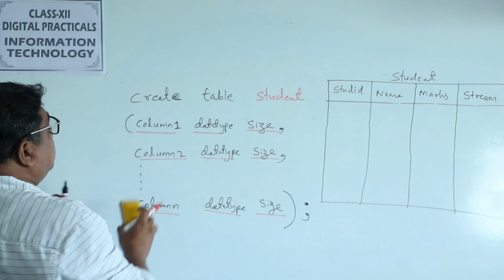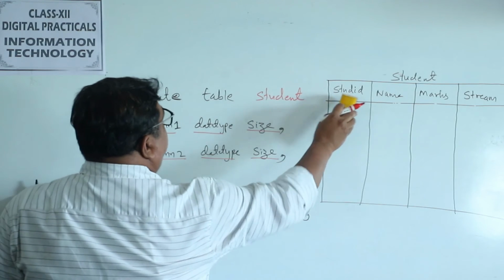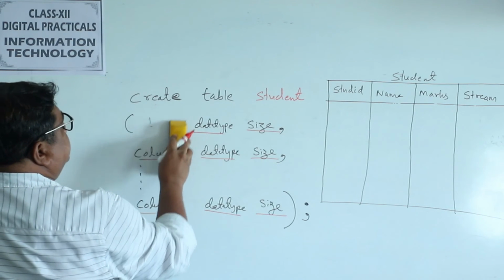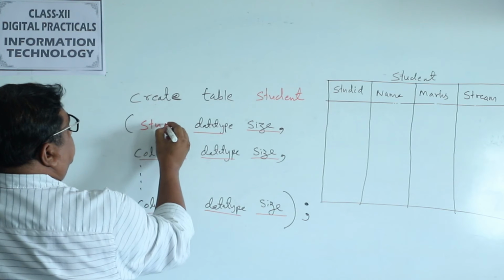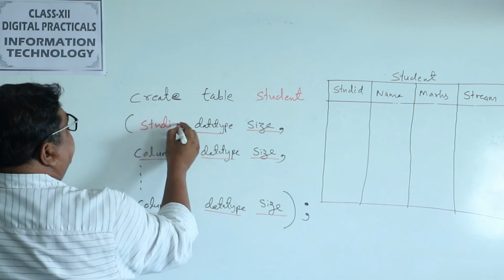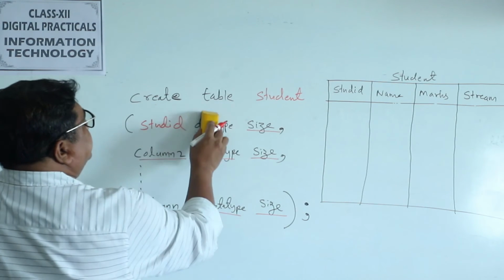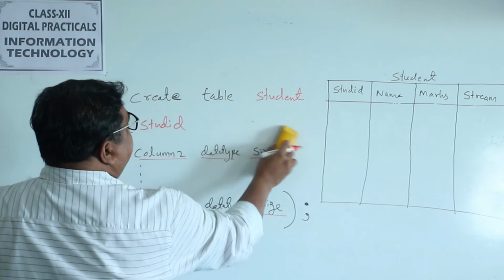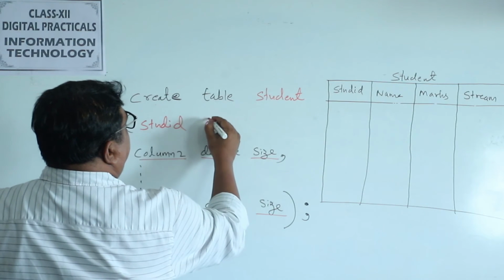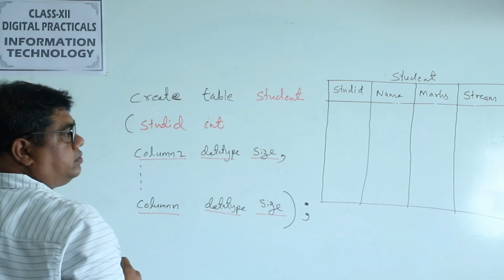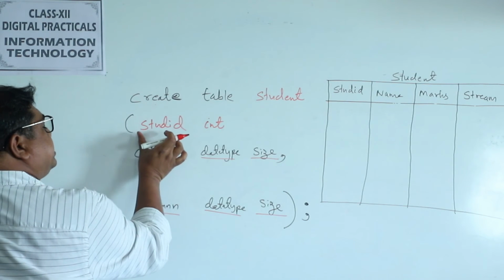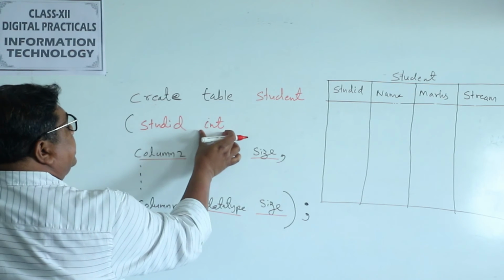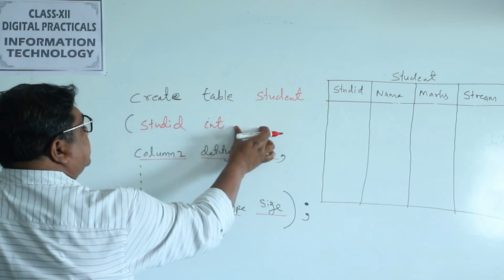Okay. Then column 1. What is the column 1 name? Column 1 name is STUDID, student ID. What is the data type we will take? INT. So this is the description of the first column, that is the column name and the data type, and if it is having a size, you have to mention the size.